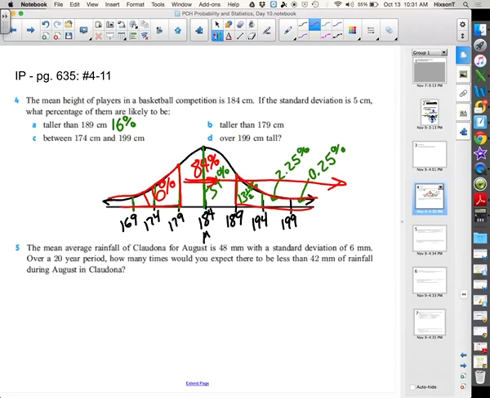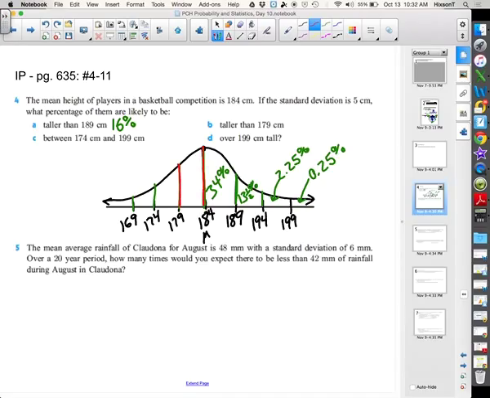Okay? And again, there are a lot of different ways that you could think through this logically. We could also see it as, all right, taller than 179.